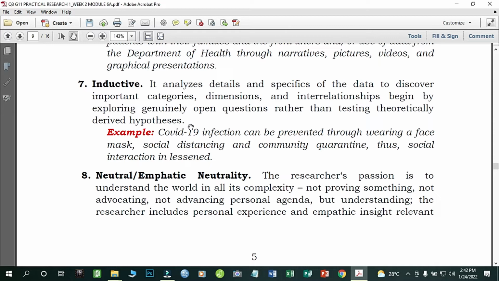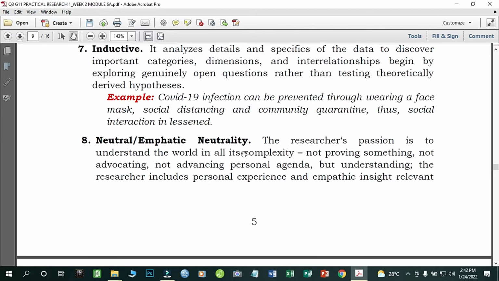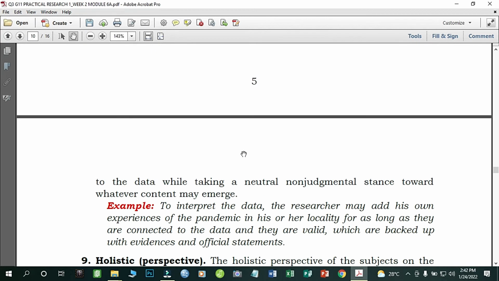Okay, number eight, neutral, empathic neutrality. The researcher's passion is to understand the world in all its complexity, not proving something, not advocating, not advancing a personal agenda, but understanding. The researcher includes personal experiences and empathic insight relevant to the data while taking a neutral, non-judgmental stance toward whatever content may emerge.